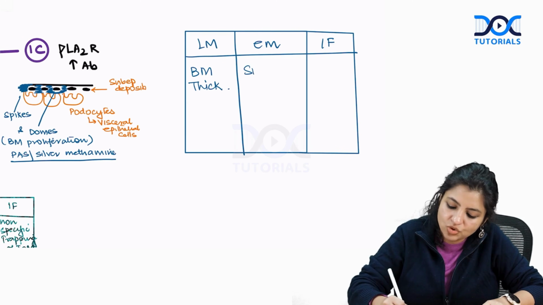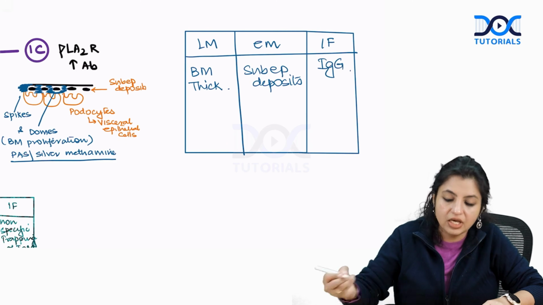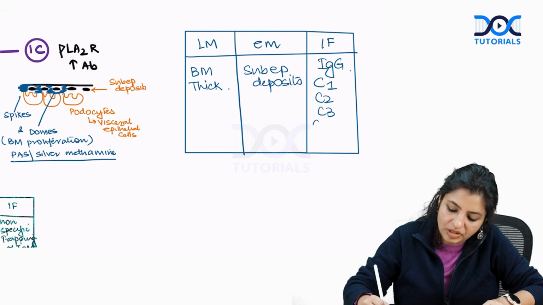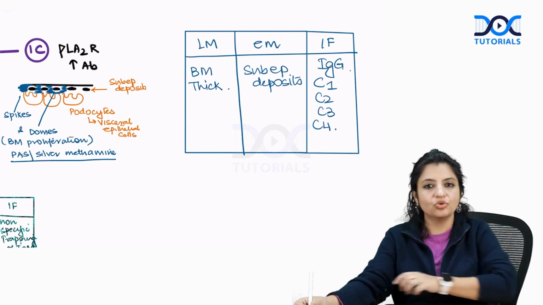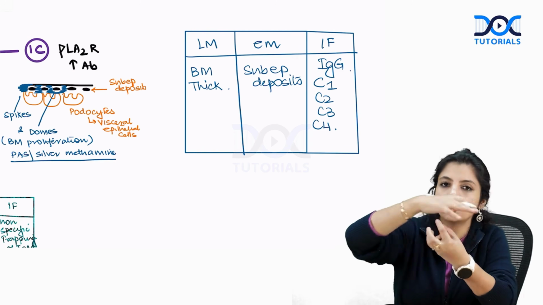On electron microscopy, you see subepithelial deposits. Of course, it's an immune complex mediated disease, so along with the antibody, you will see deposition of complements. Wherever the immune complex is deposited, complements are deposited along with it.